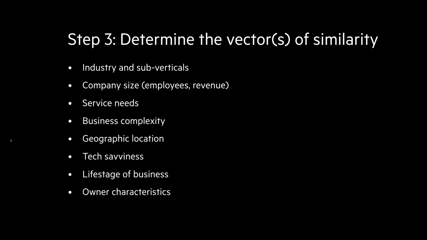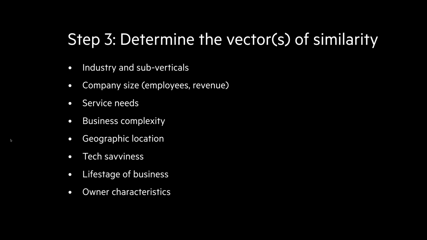Now, the other ones, again, are a little bit different ways of looking at it that are non-traditional. What are the types of services that you provide? Bookkeeping, accounting, payroll, advisory, audit, IT consulting, tax, whatever it might be, and then maybe some subcomponents of that might be more interesting. Another one is business complexity, because there are different types of people that can serve different types of complexity within businesses, and that could be a subset of maybe an industry or something else.